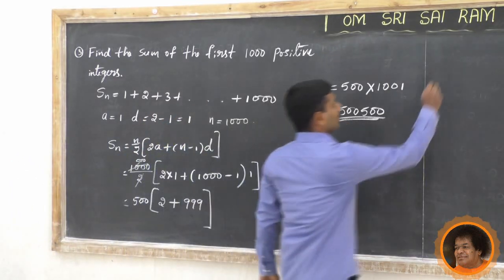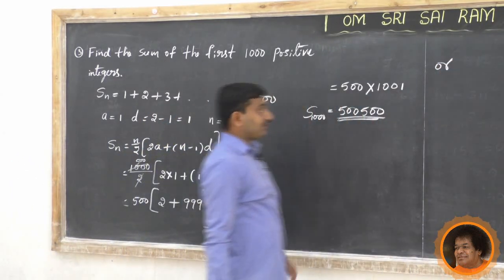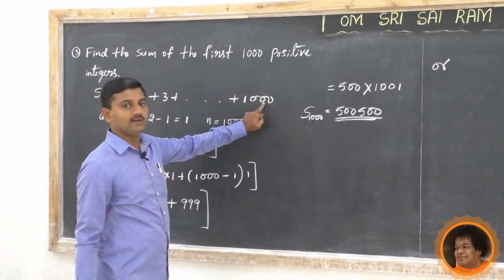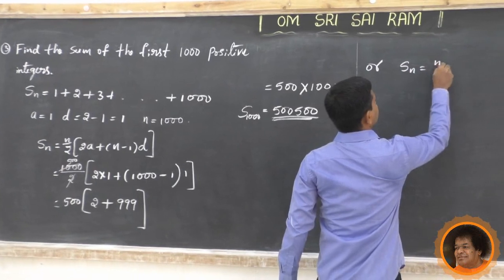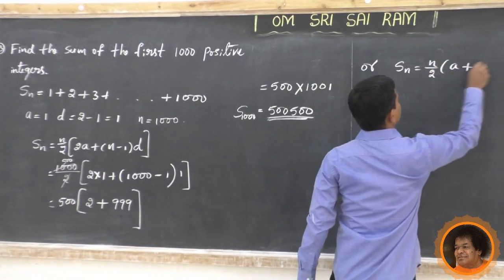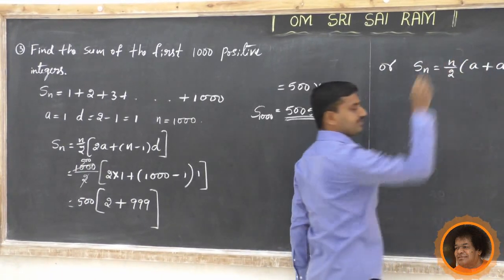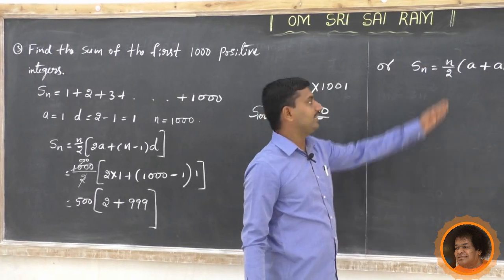Or one more method: if the first term and the last term are given, what is the formula? Sn is equal to n by 2 into a plus an, or a plus l, where an is the last term and a is the first term.